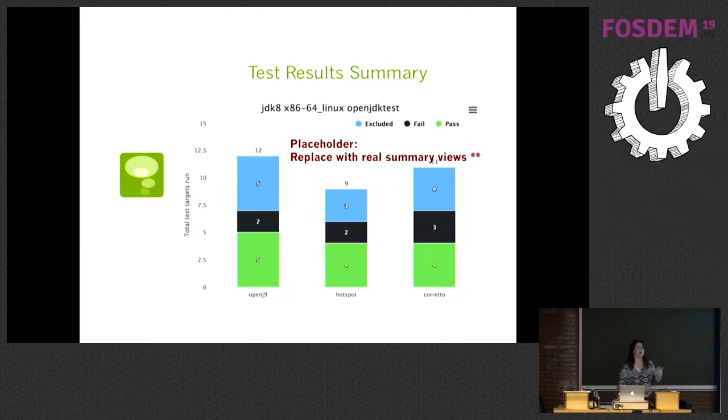So they can say, at Adopt, they ran 65,000 tests. This many ran and passed, this many didn't pass, this many were excluded, and you can drill down and actually get to some of that information from that summarized view.